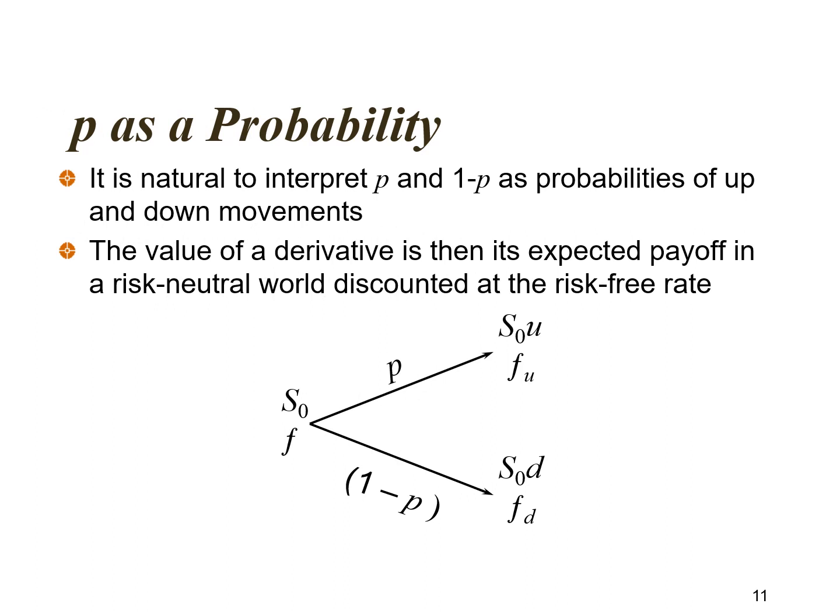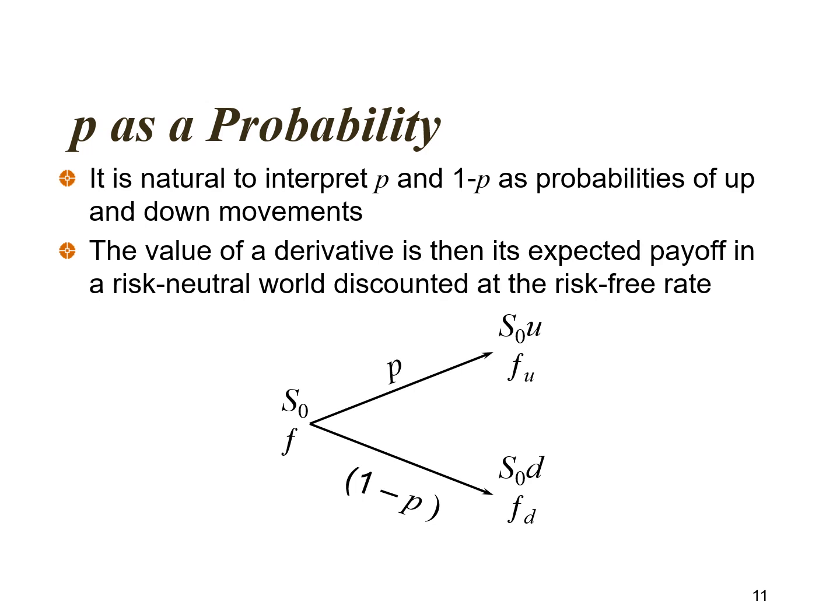So just to recap, p and 1 minus p are the probabilities of an upward movement or a downward movement in the price of the underlying security. The value of a derivative is the expected payoff in a risk neutral world discounted at the risk-free interest rate.